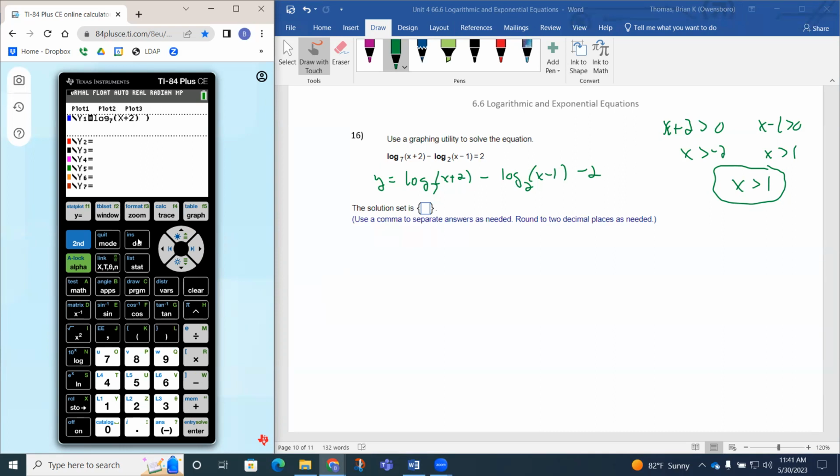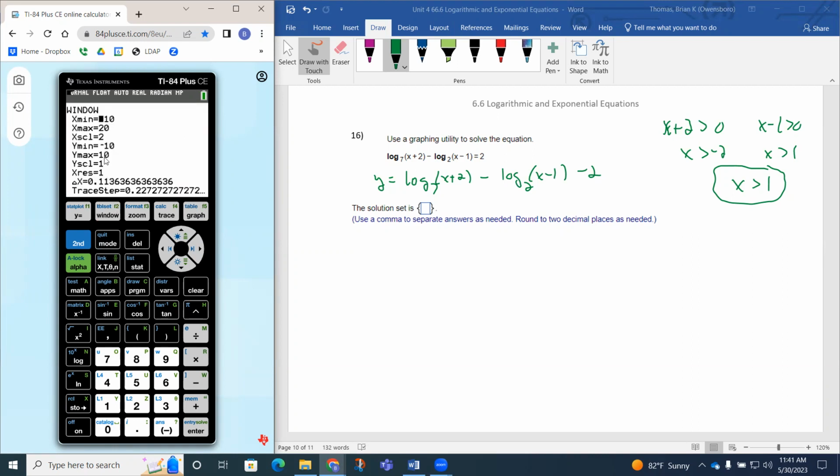Then minus, again, I've got a base 2, so hit the math button, up arrow to A, and that's a base 2. Then parentheses, we just have x minus 1, and then minus 2. So if I graph this, we do see that there is a 0 there.